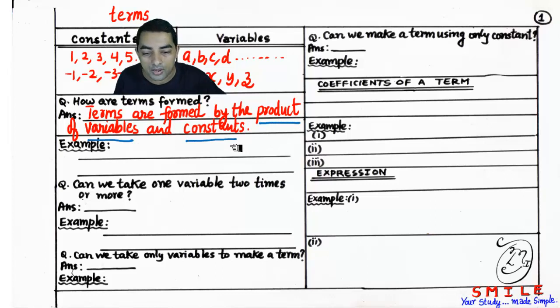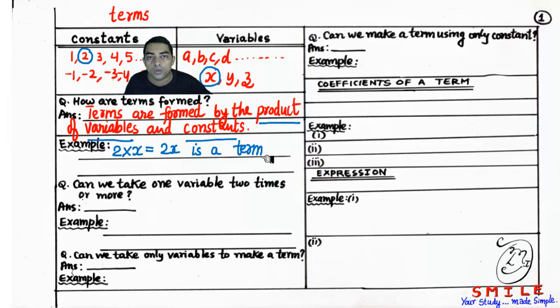For our example, let us take one example. We will take 2 as the constant, multiply it with one variable, say x. So 2 into x is nothing but 2x. So 2x is a term. Okay, next we will select something else.